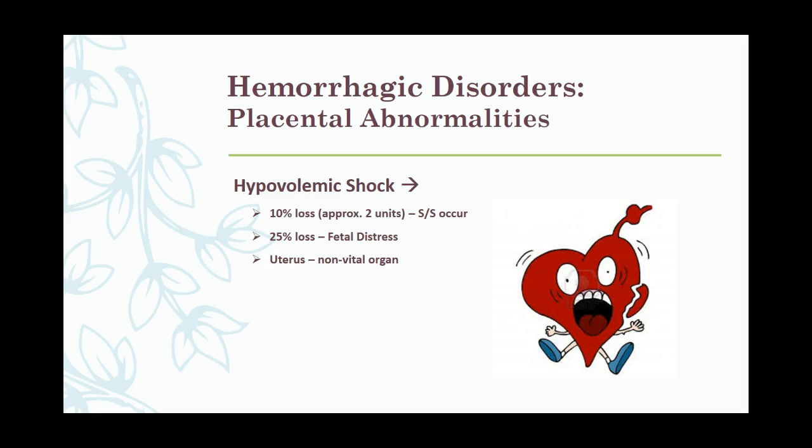Even when there's a fetus in there, our body doesn't know the difference. So if a woman goes into hypovolemic shock, her body automatically starts to shunt that blood away from the uterus and towards her vital organs. So now we have kind of got a double whammy issue going on for the baby.